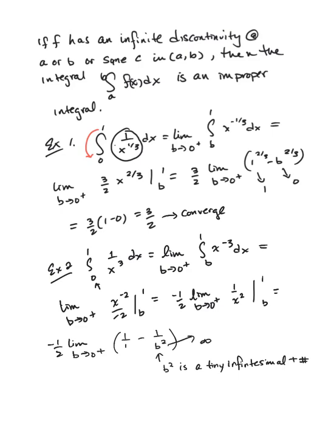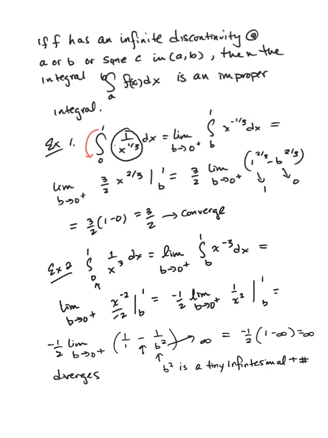Therefore it diverges. Well, it's actually going to be negative. This is minus infinity, so let me just do it out. Negative 1/2 times 1 minus infinity. And negative 1/2 times negative infinity is positive infinity. So that means it diverges.